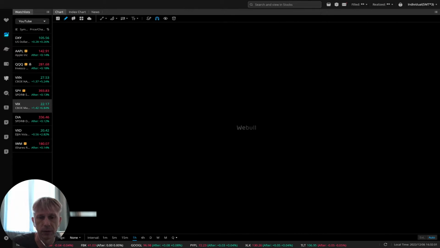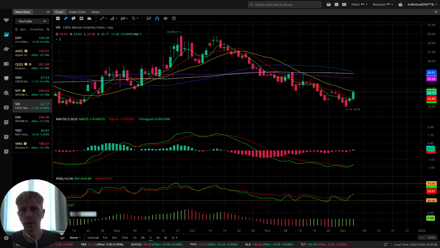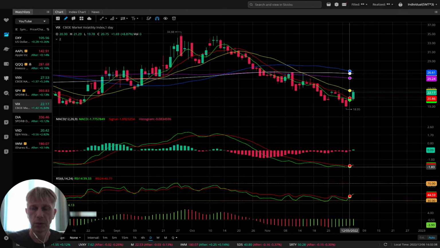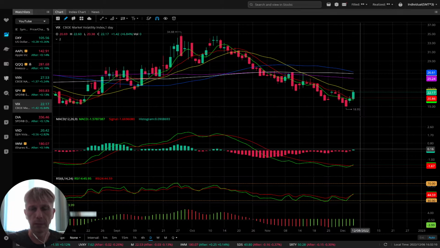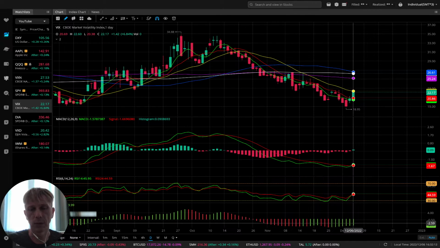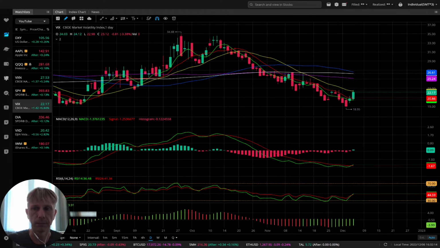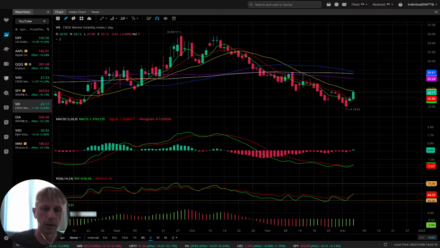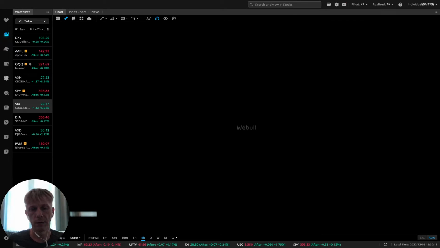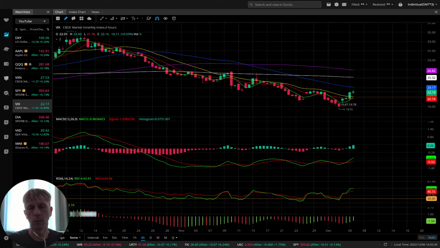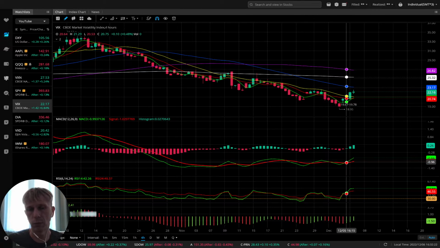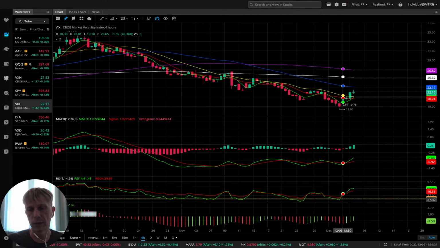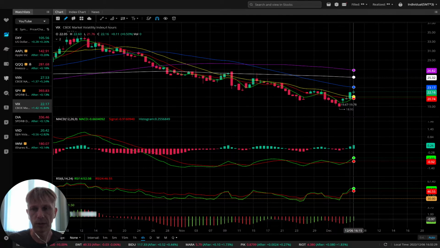VIX volatility index for SPY. Daily bullish trend, bullish signal on VIX. Bearish for SPY on daily, right? Let's check 4 hours. Bullish trend on RSI, on MACD bullish crossover, bullish oscillator.